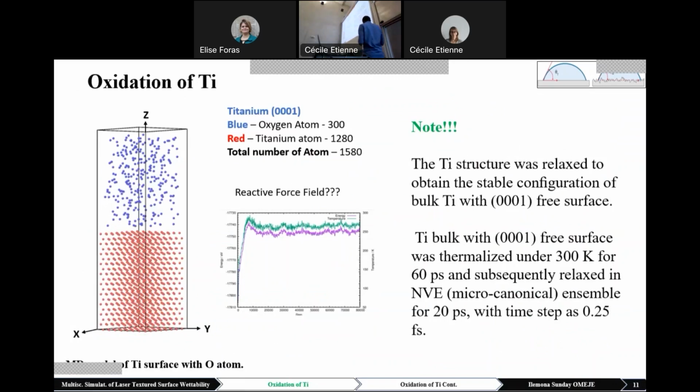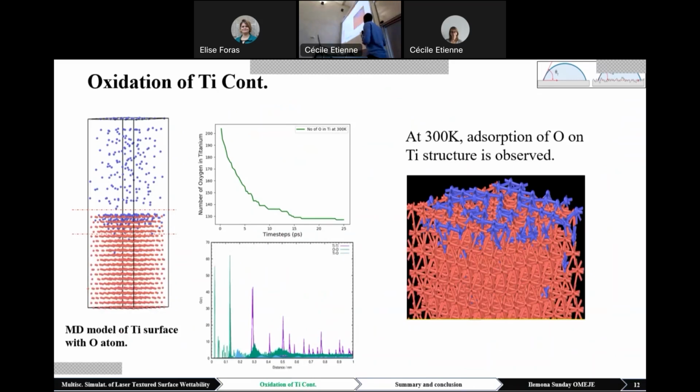What we did is carry out oxidation on titanium, and you could see our system: titanium with 300 oxygen atoms, as you can see in red, and 1,280 atoms of titanium, with a total number of atoms of 1,580. We relaxed the system in order to mimic an ideal system, and you could see the graph of the relaxed surface. So we went on to simulate the oxidation at room temperature.